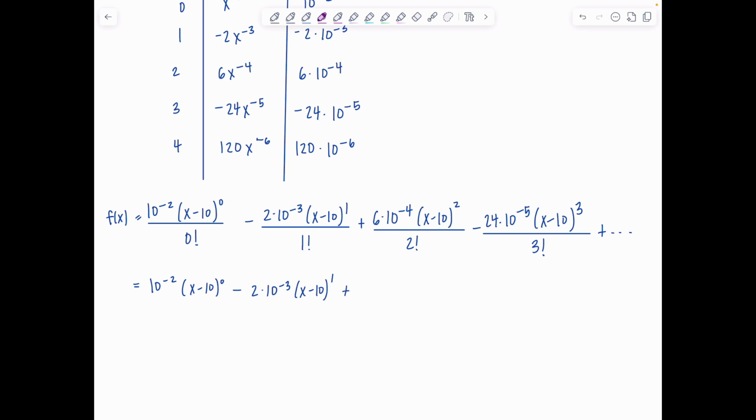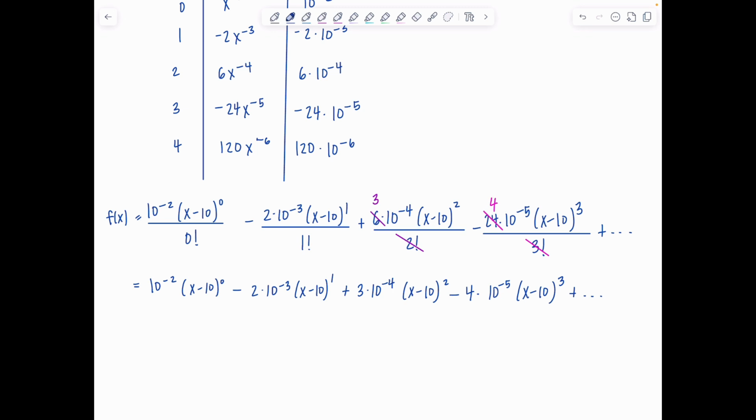Plus, 2 factorial cancels with 6, and this is just a 3 now. So 3 times 10 to the negative fourth times x minus 10 squared. Minus, 3 factorial is 6, so this is just going to be a 4 now. 4 times 10 to the negative fifth times x minus 10 cubed, plus so on and so forth.